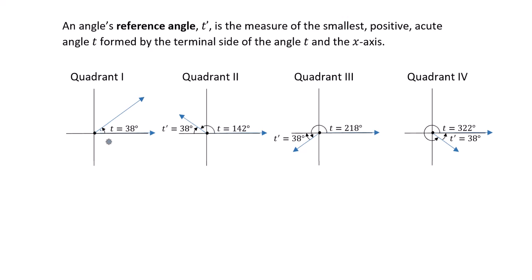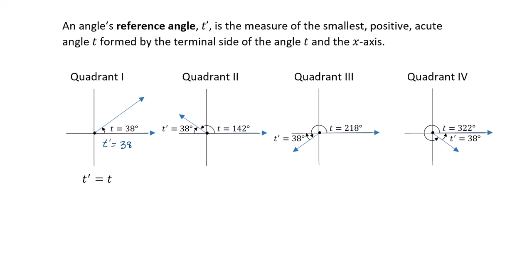So I could go either back down 38 degrees, or I could go this way 142 degrees, but the smaller angle is 38 degrees. So you can see here that t prime is 38 degrees.